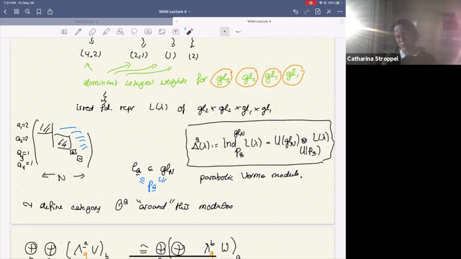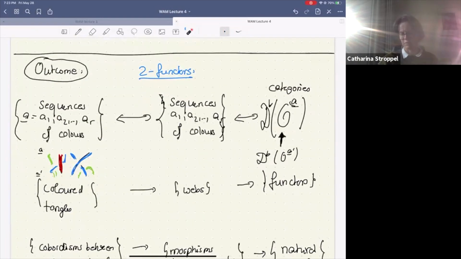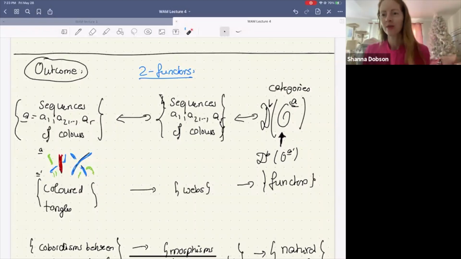And you use them to do some induction and restriction to go from one of these categories to the other. And because induction and restriction, in contrast to the symmetric group, is not exact, you have to derive, and therefore you have to go to derived categories. And therefore you need to use complexes. Mm-hmm. Wow, thank you so much.